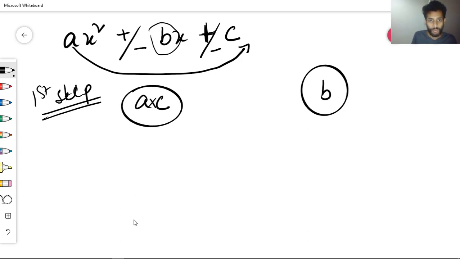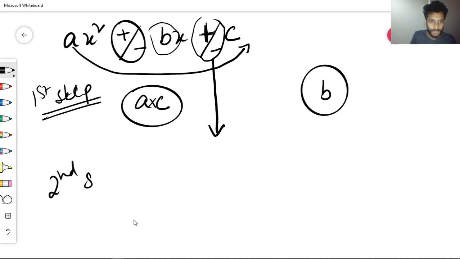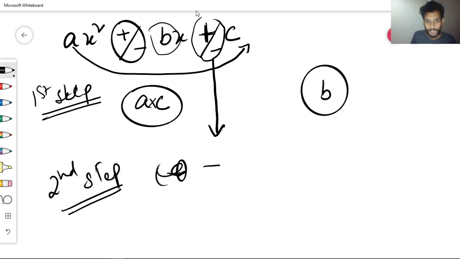Now the next step: see here, this one is a and this one is c. Then we have to consider the signs, minus and plus. If there is minus, we have to consider subtraction.